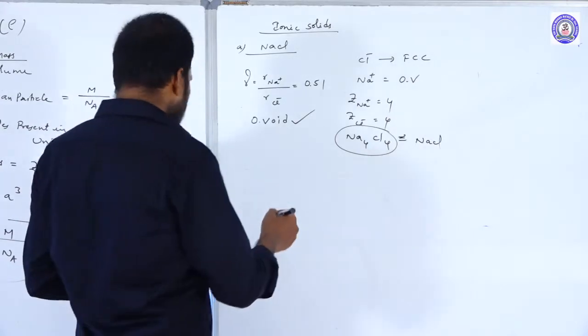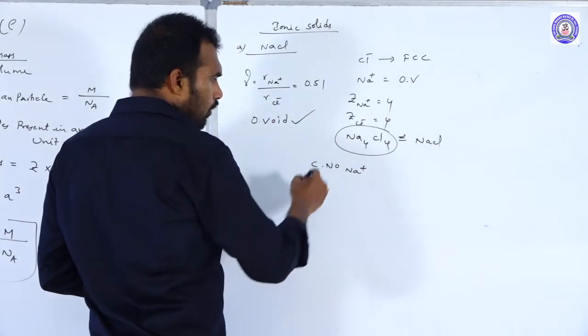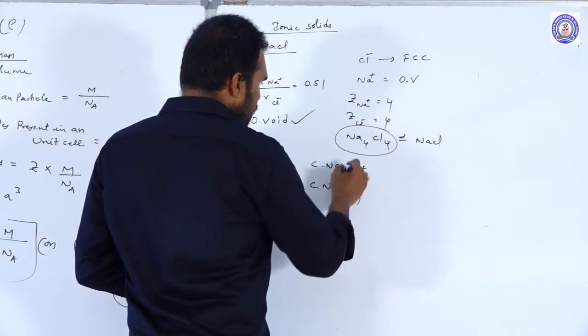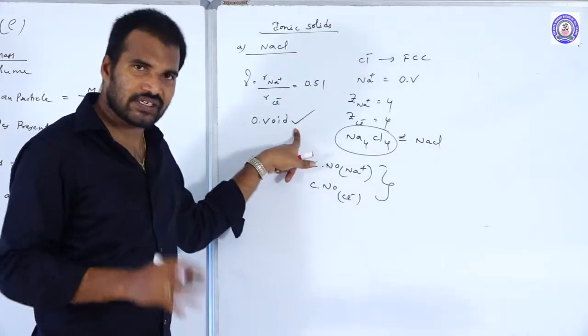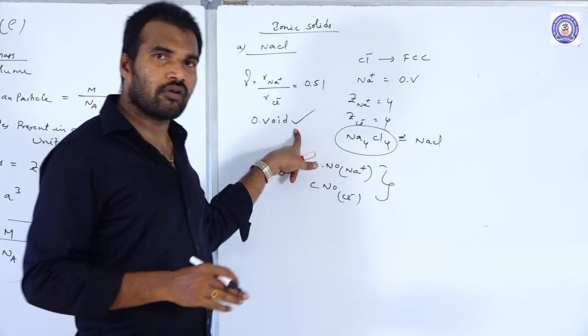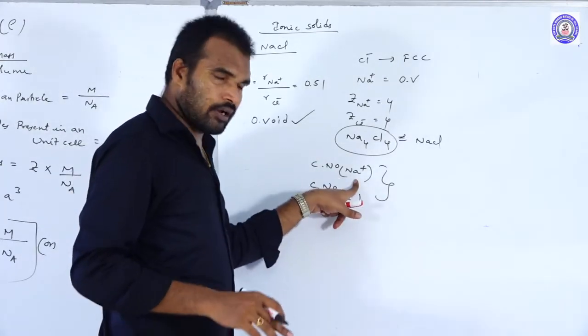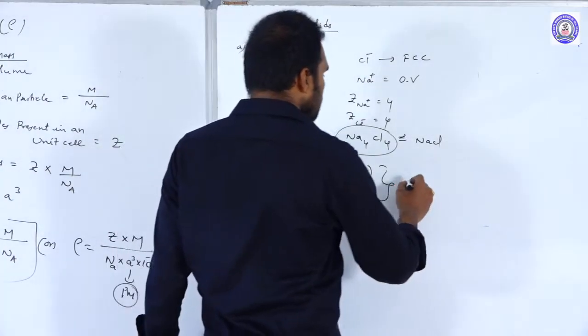And one more thing, what is the coordination number of Na+ and the coordination number of Cl-? Both their coordination numbers: what void are they present in? Octahedral void. For octahedral voids, what is the coordination number? 6. So the coordination number of Na+ is 6 and Cl- is also 6.